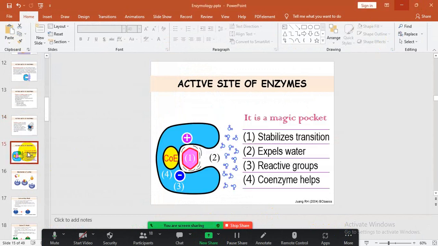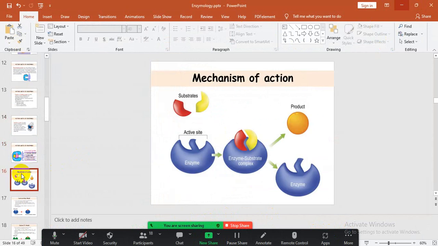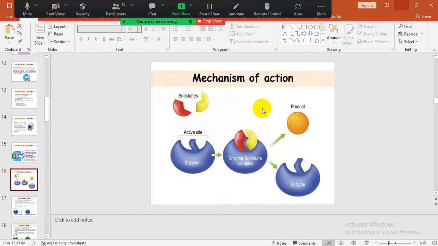Okay, so let's continue. Let's look at the mechanism of action. This is the active enzyme. This is the substrate. The substrates are two, red and yellow. The red substrate will bind over here.